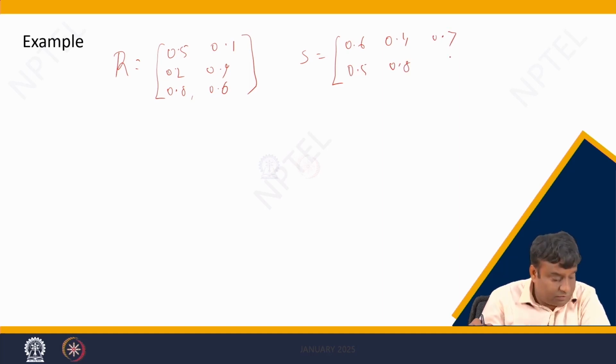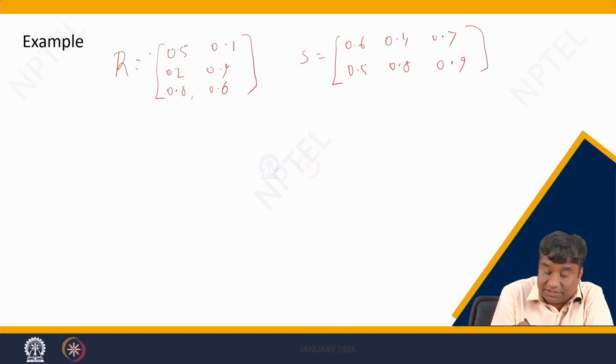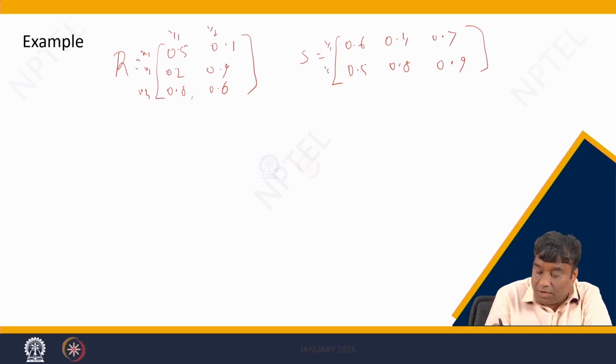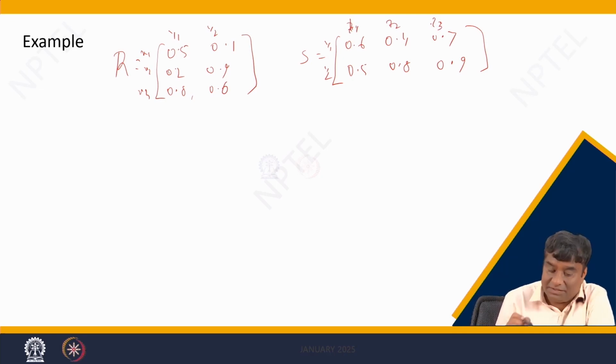So this is x1, x2, x3, this is y1, y2, and this is z1, z2, z3.